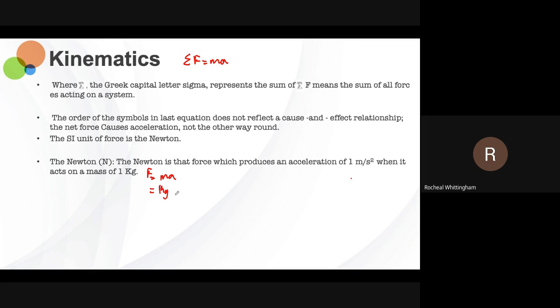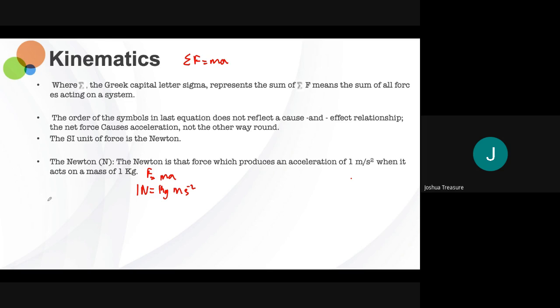Meter per second squared. So therefore, remember the unit for force: 1 Newton is equal to 1 kilogram meter per second squared. All right, this is very important moving forward.